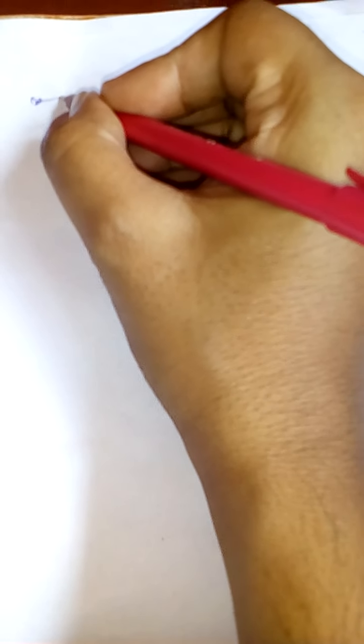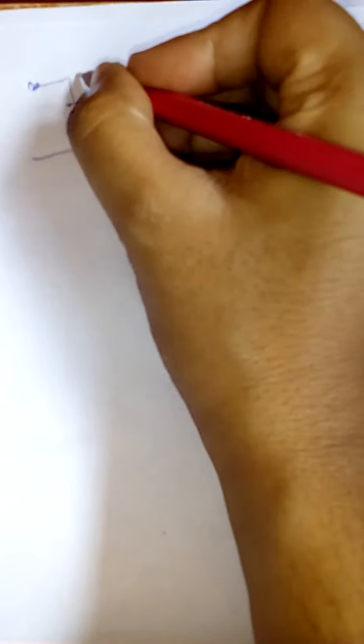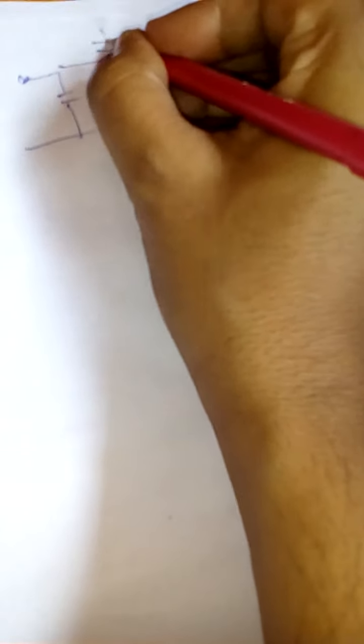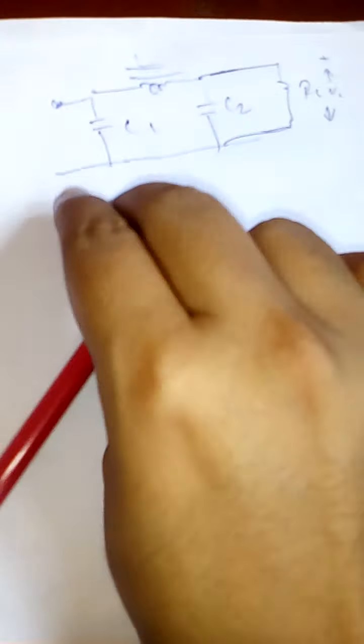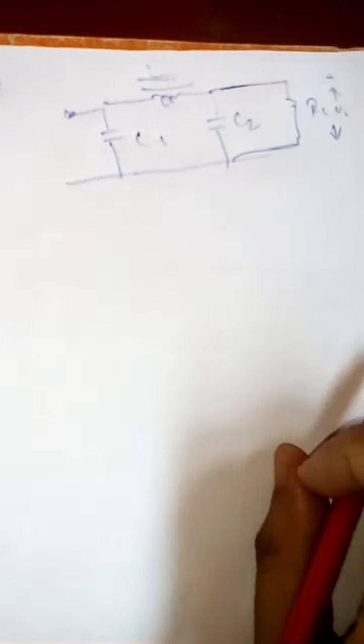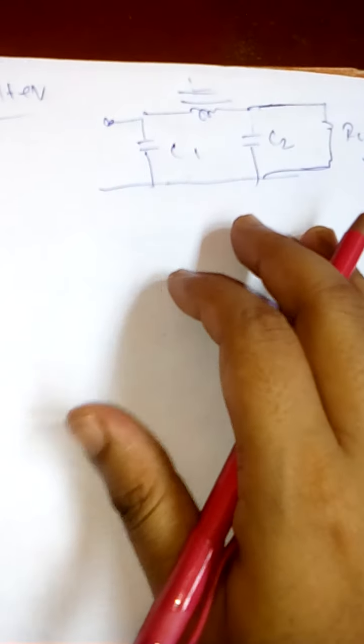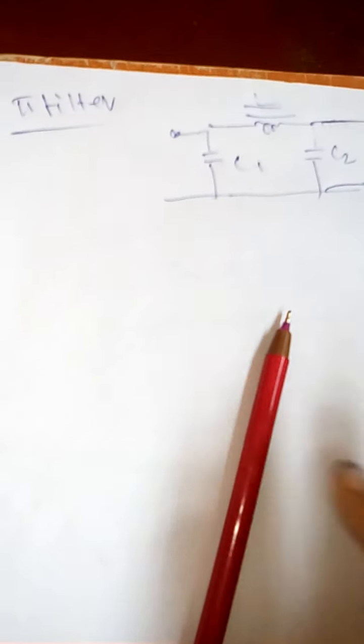The picture is: there is a capacitor C1, an inductor L, and another capacitor C2, with the load RL, across which we take VL. If we remove the two terms, it looks like a pi.